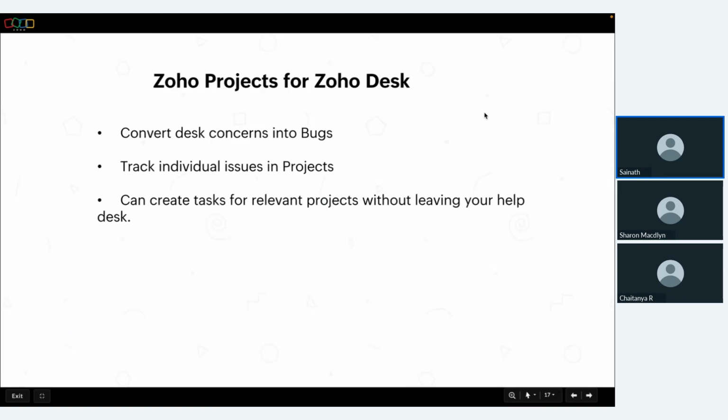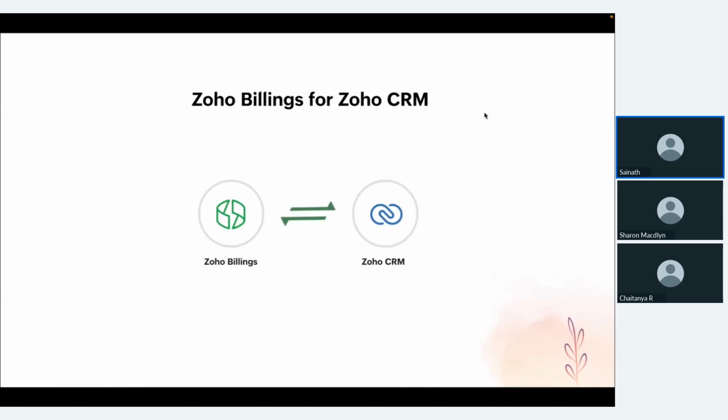As I was giving you a brief of how it works, you can track the individual issues in Projects and create a task for the relevant project without even leaving the Zoho Desk application itself.